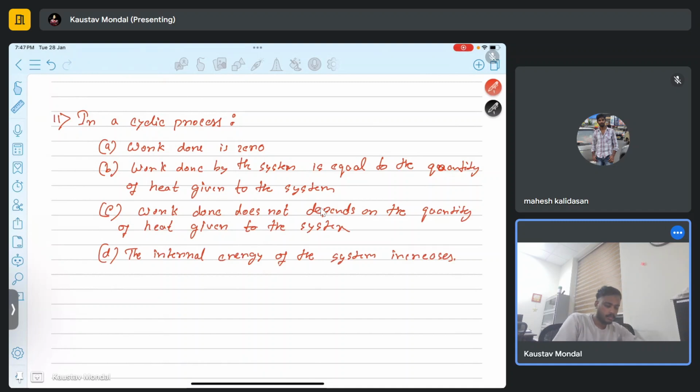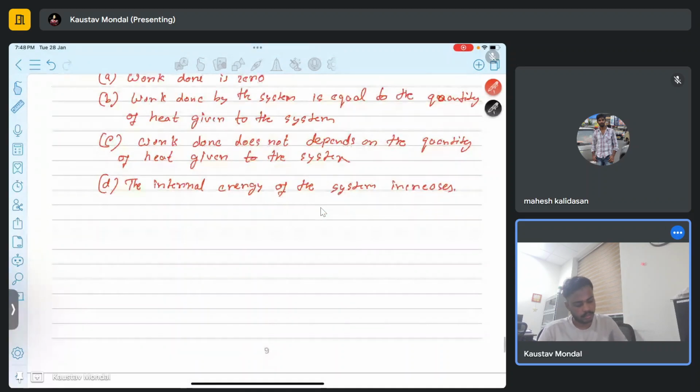Okay, so these are all the options given. Now you have to find out, in a cyclic process, out of these four options, which is the correct one.